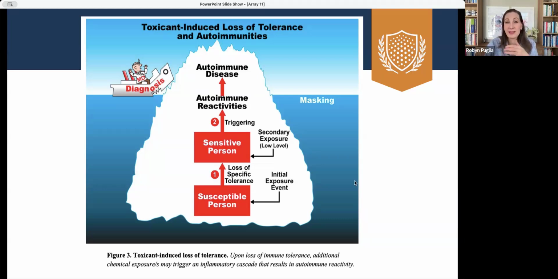And it really helps you to understand if you are working with somebody with multiple food reactions or even polyreactivity, it might be loss of chemical tolerance that is a direct contributing factor to the loss of oral tolerance to foods. And so healing a leaky gut, which is what so many of us are taught will reverse food reactions, isn't going to be effective for that person because the phone call is coming from inside the house. It is loss of chemical tolerance that has led to loss of oral tolerance to the foods, not intestinal permeability for this person.